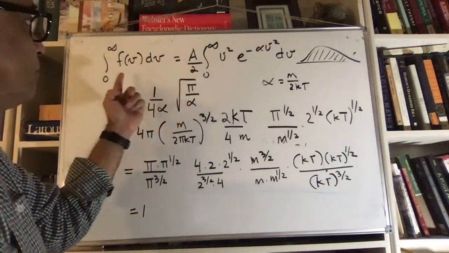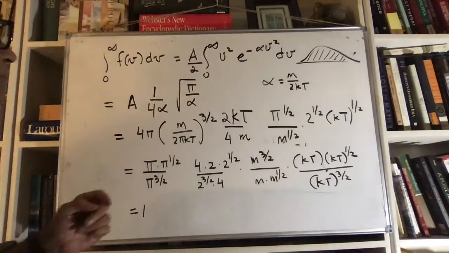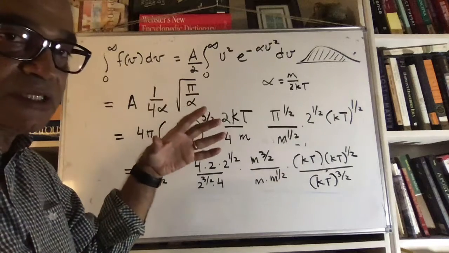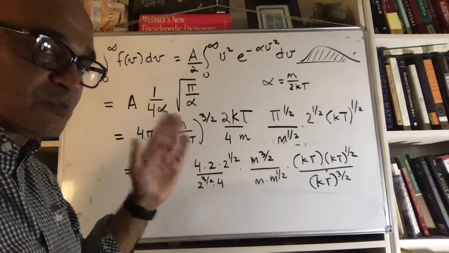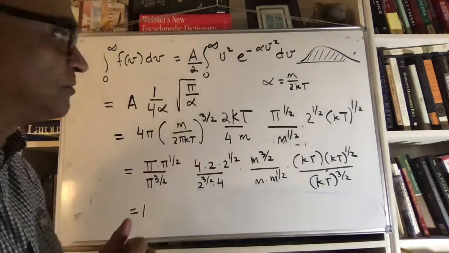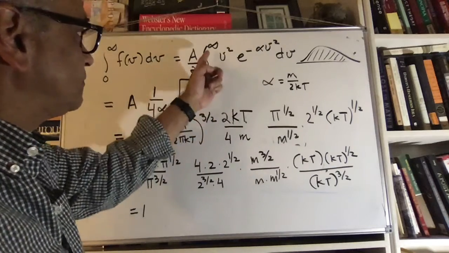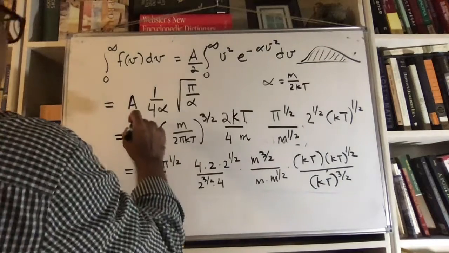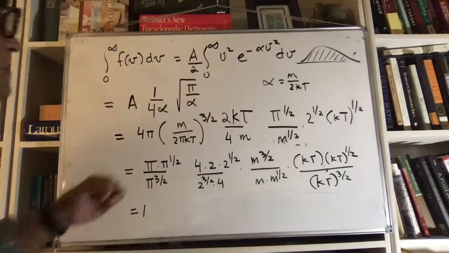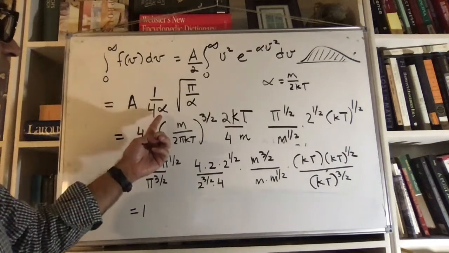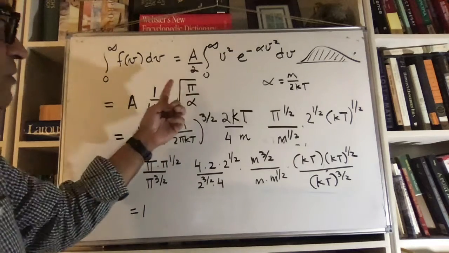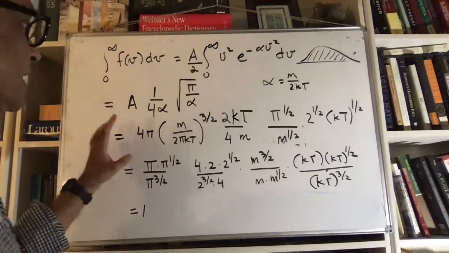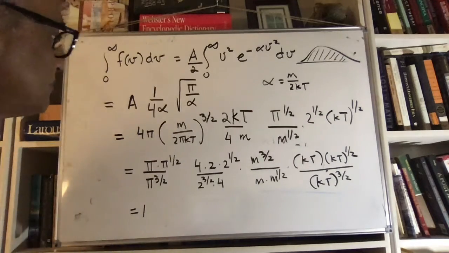So we are going to write this, we're taking half of it. Remember that all our exponential calculations were from minus infinity to plus infinity, so to go from 0 to infinity, you have to divide it by 2. And then over here you get 1 over 4 alpha, because it used to be 1 over 2 alpha, root pi over alpha. And then you write this down.